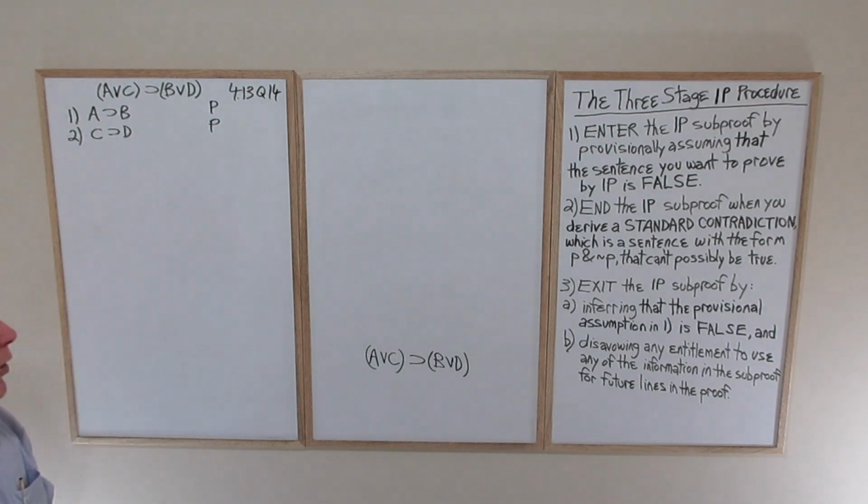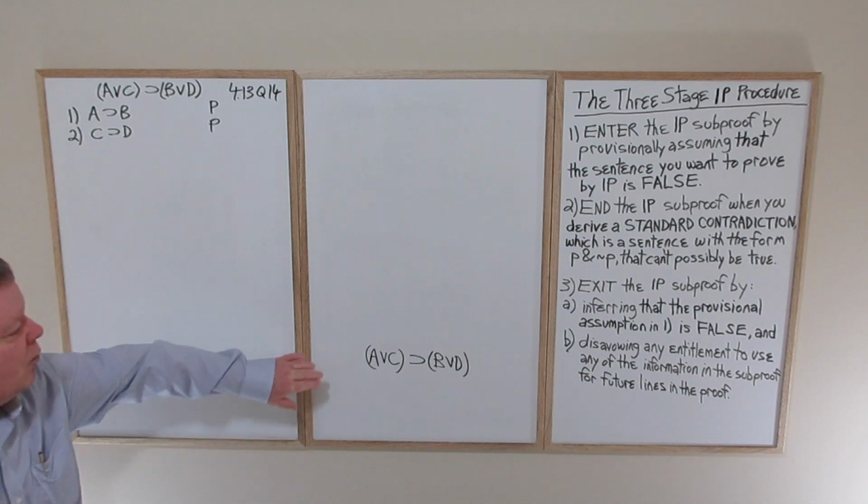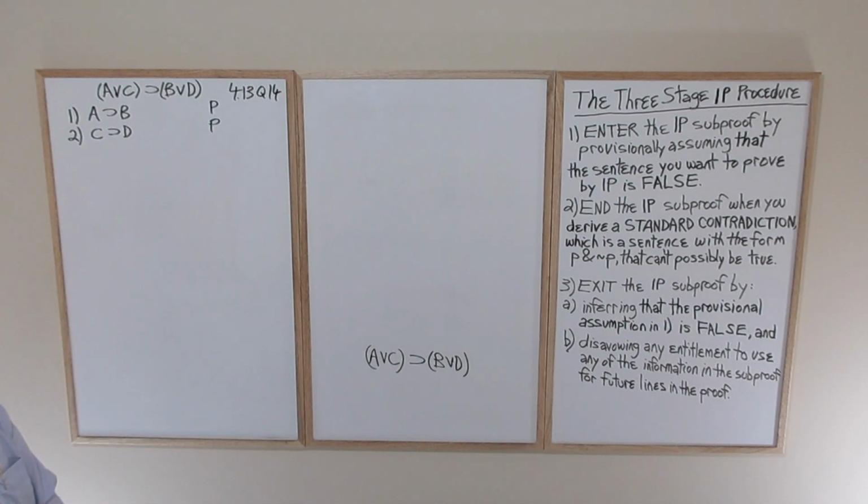How are we going to derive that conditional, given our 2 premises? It's not at all clear how we can deduce this conditional from these 2 premises. What this should tell us is that there's got to be a distribution involved.